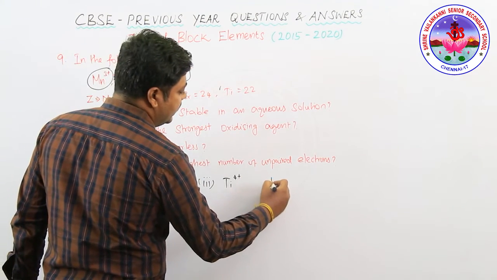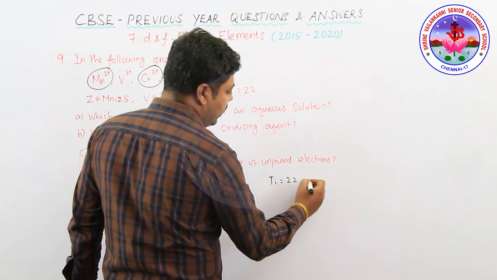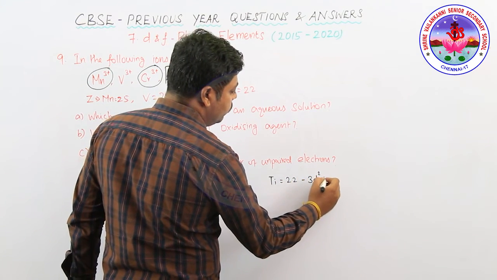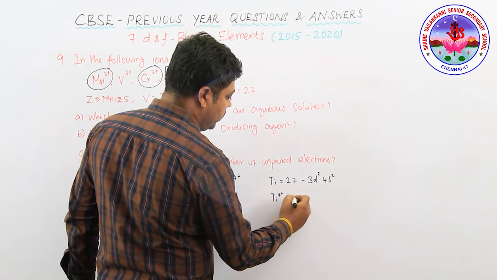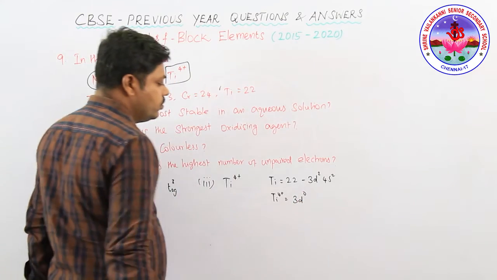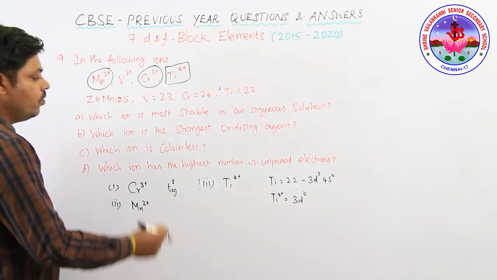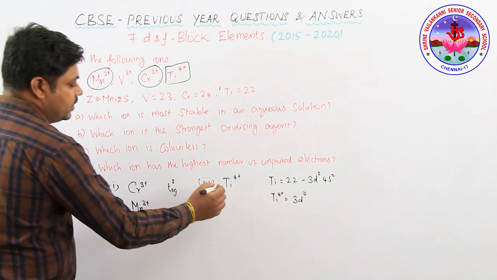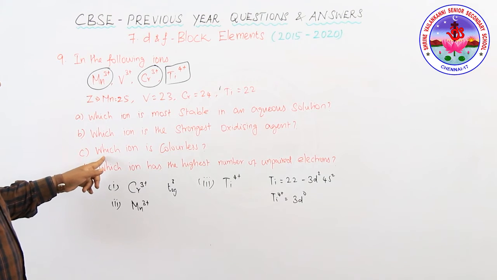The atomic number of titanium is 22, so the electronic configuration is 3d2 4s2. Titanium 4 plus becomes 3d0, so no electrons are present in the d orbital, which means no unpaired electrons. That is why titanium 4 plus is colorless.